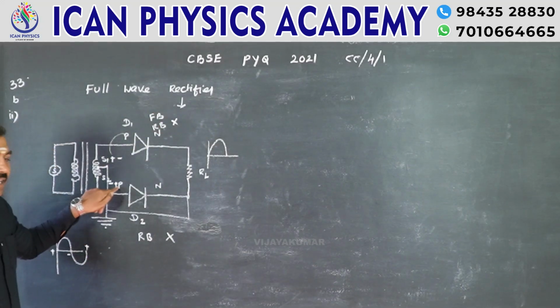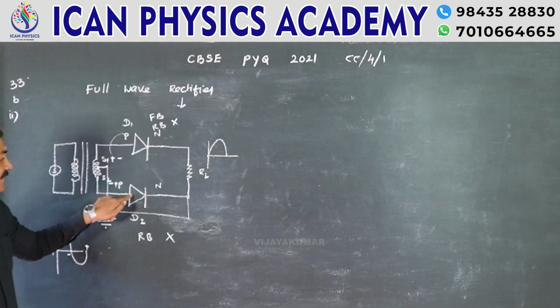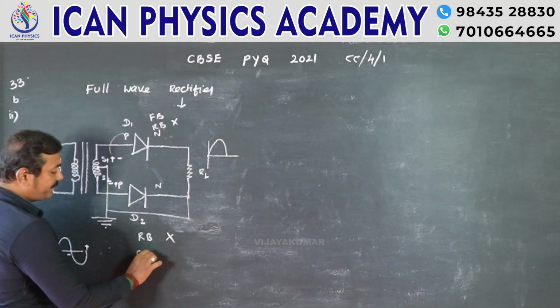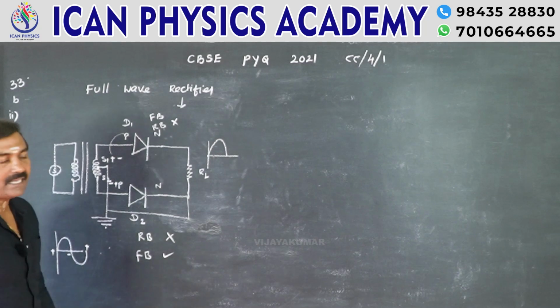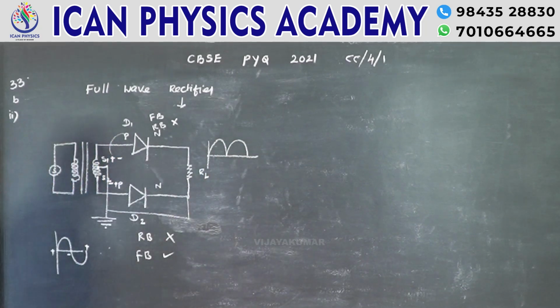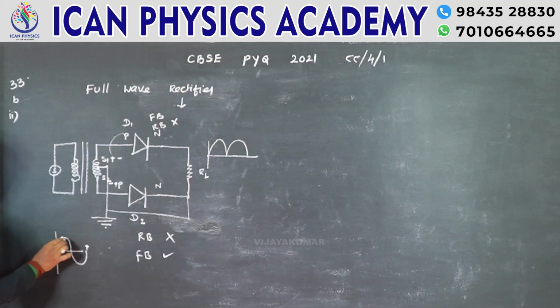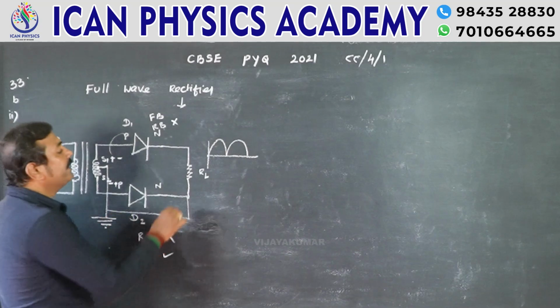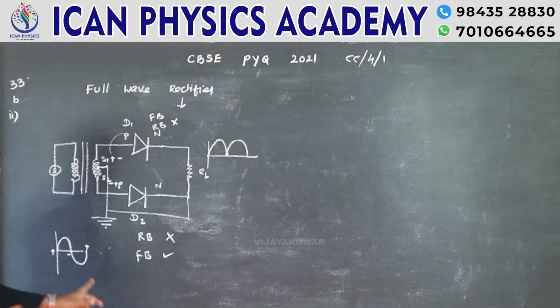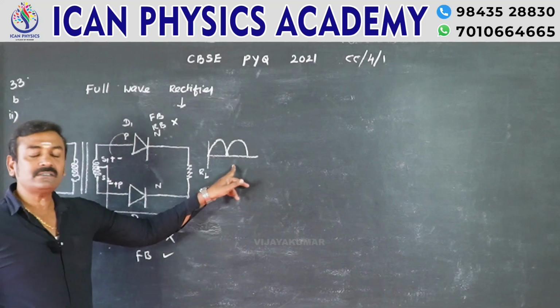At the same time, the positive connected with the P side of D2 gives forward bias, which allows the current. So we are getting DC. The input alternates as AC, but the output is unidirectional. So it is DC. So AC is converted into DC.